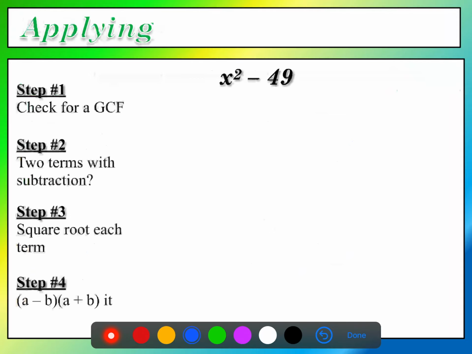All right, so let's get to these. Two terms, I have subtraction. I'm going to square root each term, and you don't have to worry about the minus. So the square roots here are x and 7.